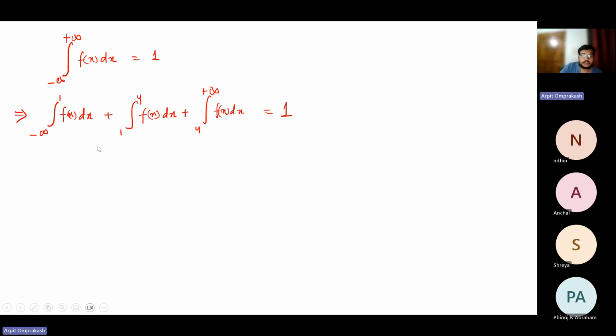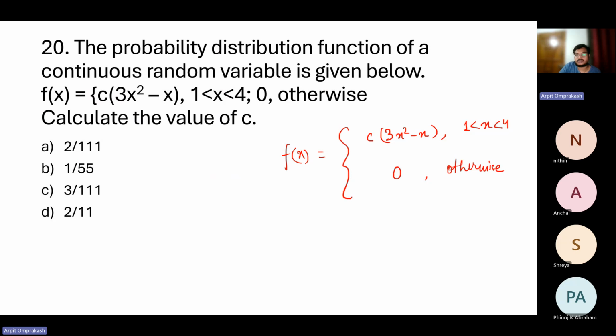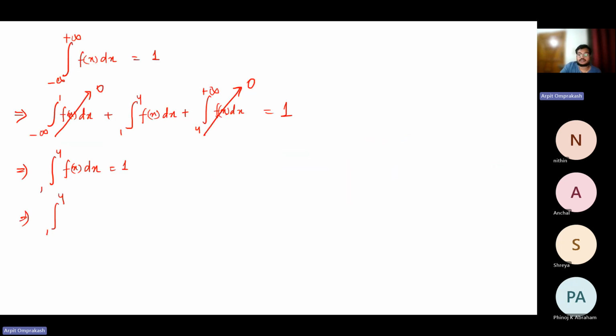Now f of x in the first term will be 0 because x is less than 1, and in the third term will again be 0 because x is greater than 4. So we are left with only the inner integration. So integral 1 to 4 of f of x dx is equal to 1. That implies we'll substitute f of x in this range, which is C into 3x squared minus x.